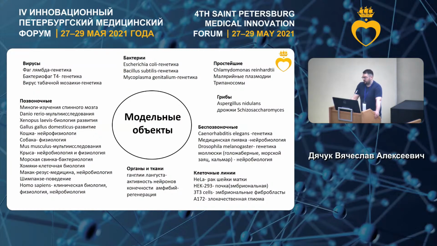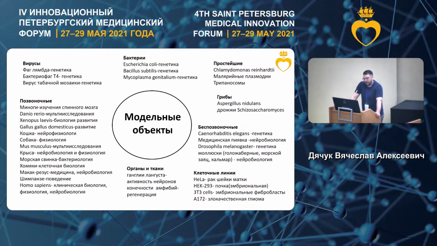Very interesting model objects are invertebrates. You probably know Caenorhabditis elegans. This is a nematode, and Drosophila. That is also a model system for genetics, for evolutionary biology. Lately, quite actively in neurobiology, mollusks were also used, and the sea hare, that is a mollusk, also a model object for neurobiological studies.